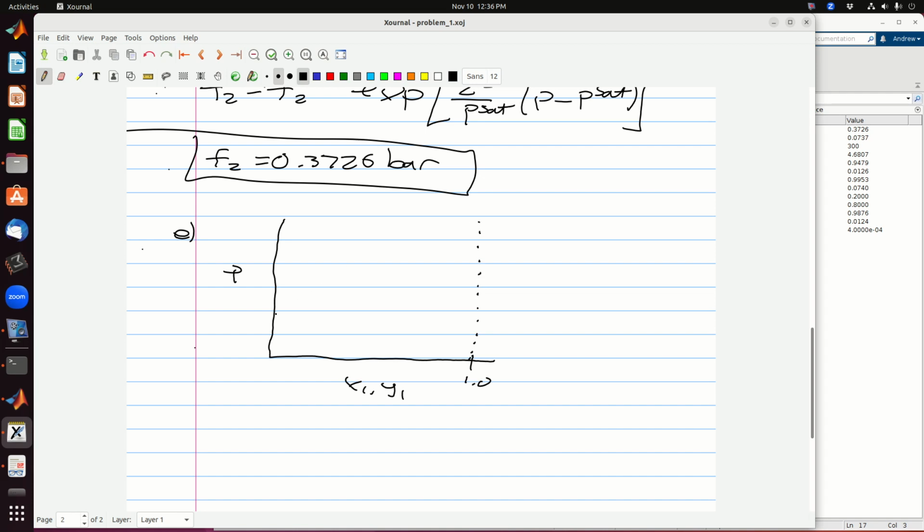For an ideal system, if I plot with respect to the most volatile component, this is my bubble line going from P2sat to P1sat. I've got to draw my dew line. It's going to look something like that. Okay, cool. So now the idea is up here, this is liquid. Down here, this is vapor. And in between, I have two-phase.